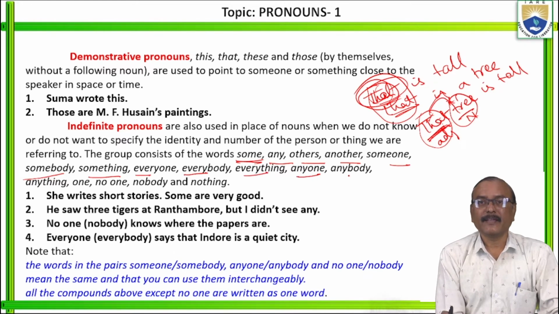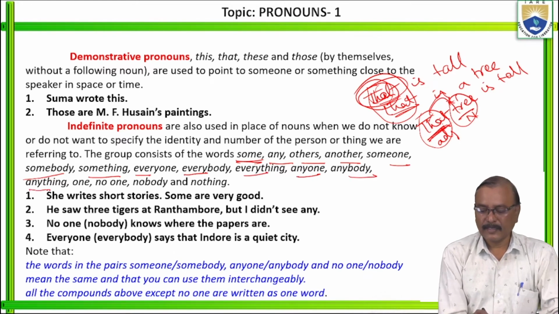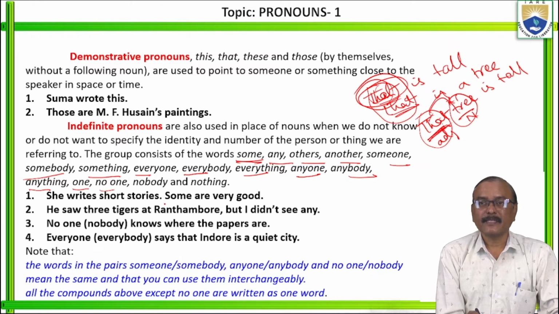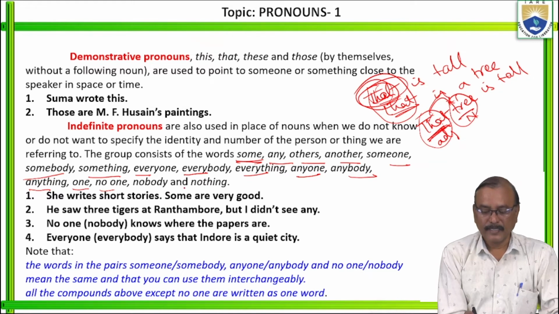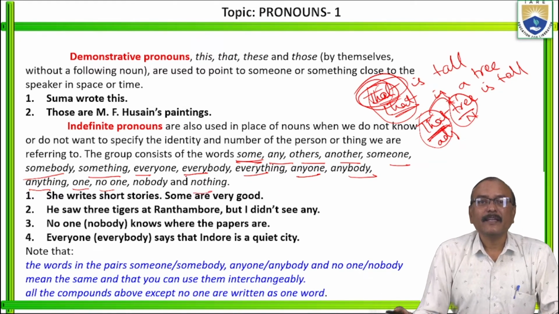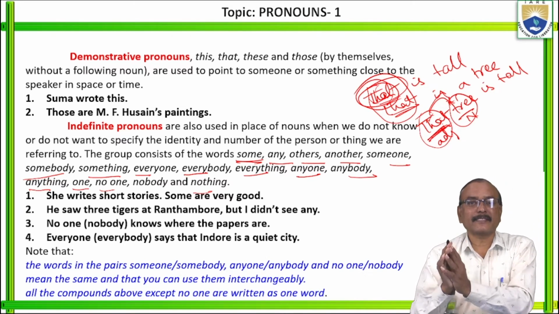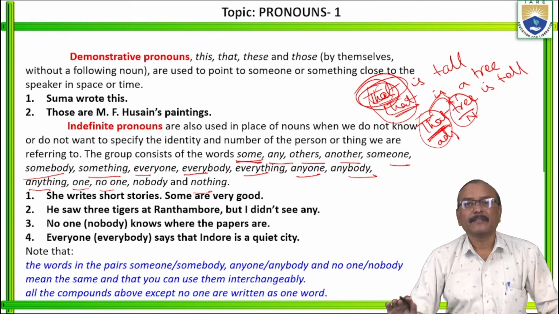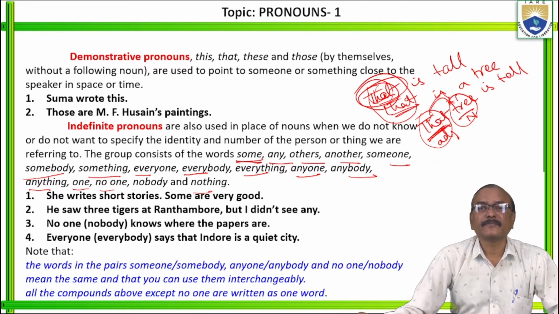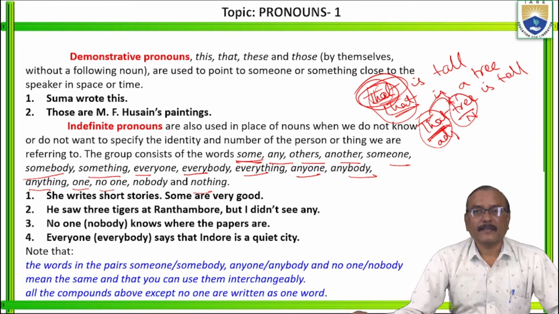Everything. Anyone. Anybody. One. No one. Nobody, nothing. All these are called indefinite pronouns because they are not referring to any particular person or particular thing or particular group.